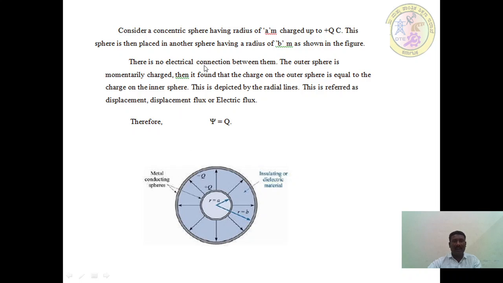There is no electrical connection between them. There is no electric field connecting this inner and outer sphere. The outer sphere is momentarily charged. Then it is found that the charge on the outer sphere is equal to the charge on the inner sphere.